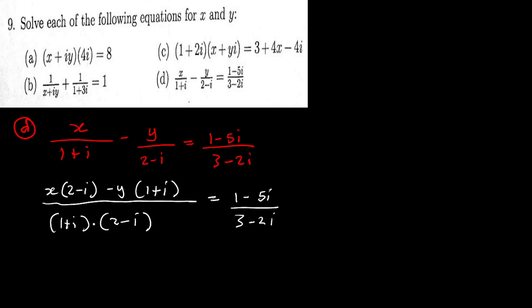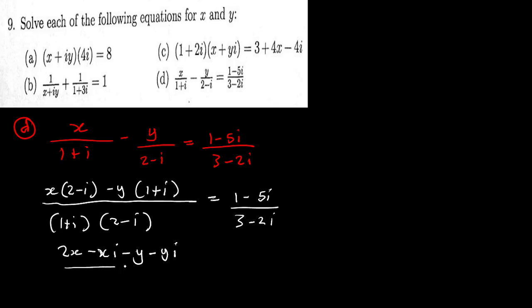Okay, so from here you can simply say x times 2, it is 2x, right? And then x times negative i, it's negative xi, and then negative y times 1, it's negative y, negative y times i, it's negative yi, like that.